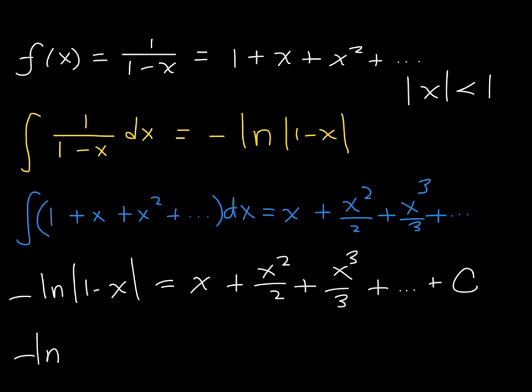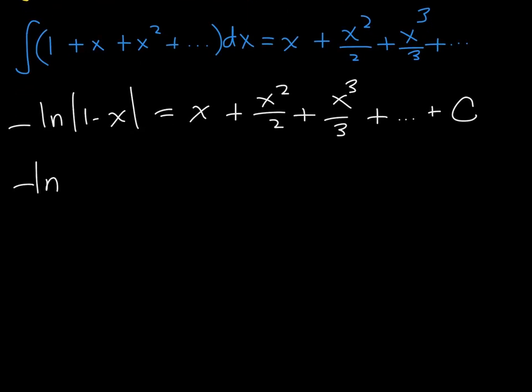So that tells me that 1 minus x will be positive because the absolute value of x is less than 1. So this difference here is positive, and I don't really need the absolute value bars. So let me get rid of them.